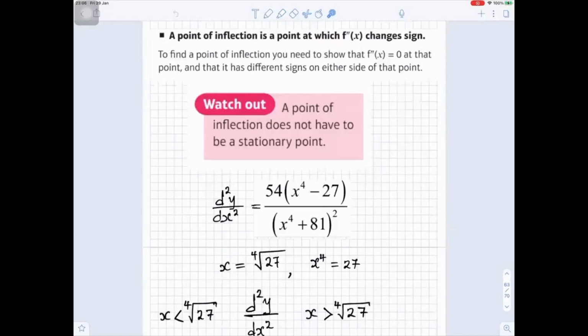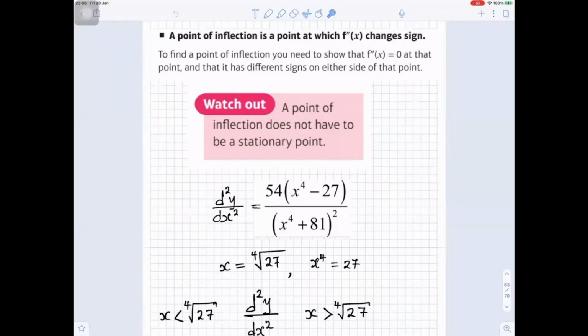So a point of inflection is a point at which f double dash of x changes sign. To find a point of inflection, you need to show that f double dash of x equals 0, which we have done at that point, and that it has different signs on either side of that point. And you have to watch out: a point of inflection does not have to be a stationary point.